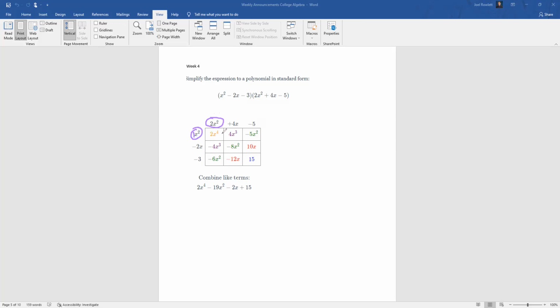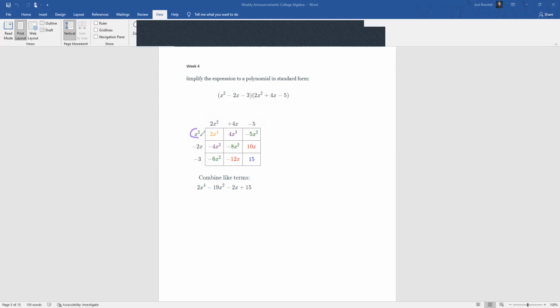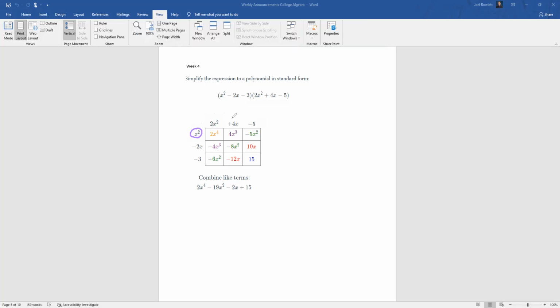So 1x squared times 2x squared is going to be 2x to the power of 4. Then if we multiply the x squared times the positive 4x, that is going to give us 4x cubed in this box here. And lastly, we have x squared times negative 5. That will give us negative 5x squared. So that takes care of the first row.